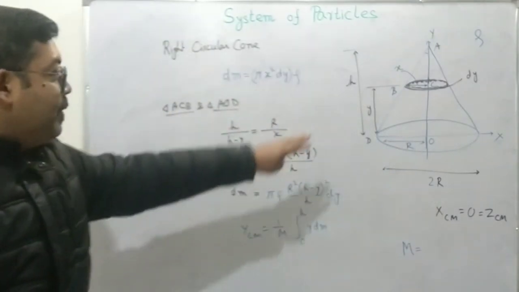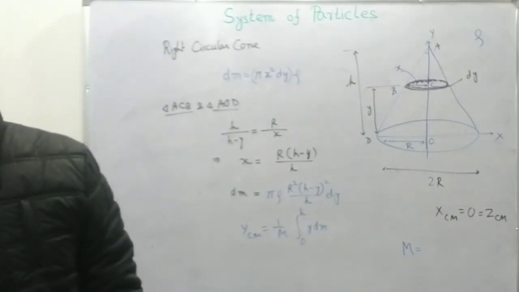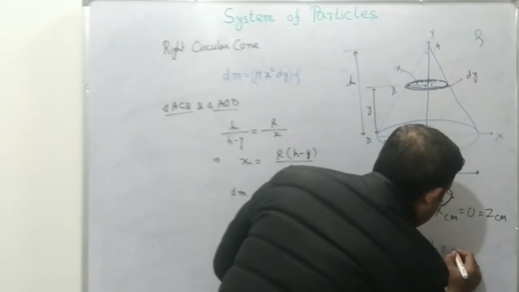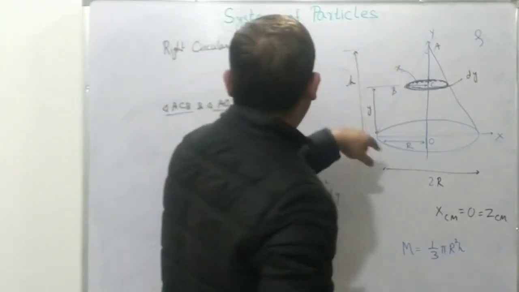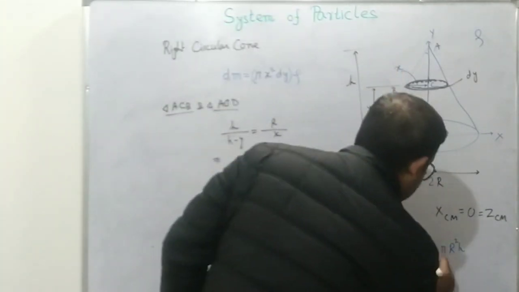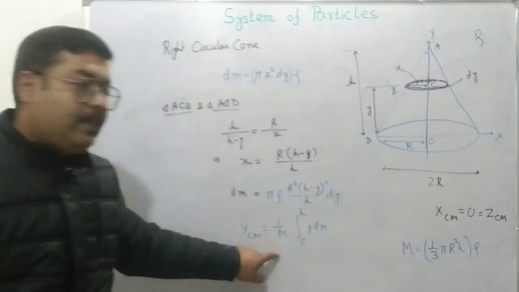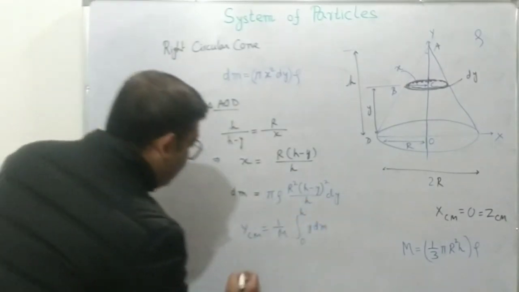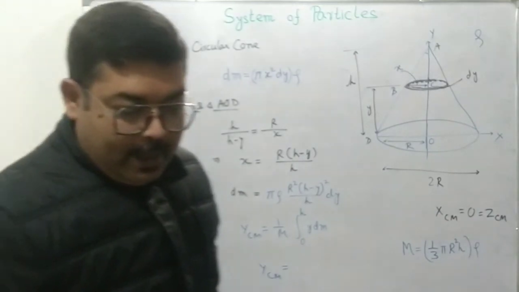Mass of the hemisphere, oh sorry, not hemisphere, mass of the cone will be simply the volume of the cone, that is 1 by 3 pi R squared into H, since it's a right circular cone, multiplied by rho. Substitute this value of M here after you have integrated the whole term and simplified it, and you should get y cm equal to H by 4.